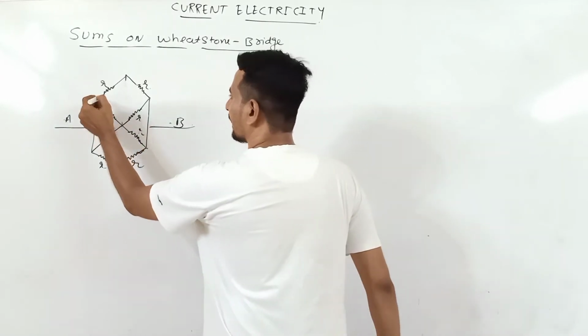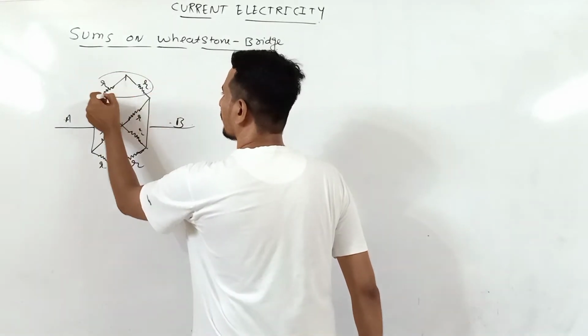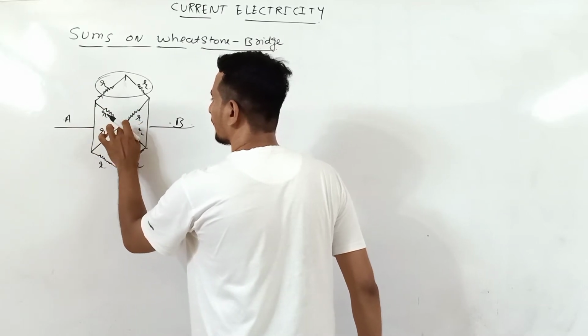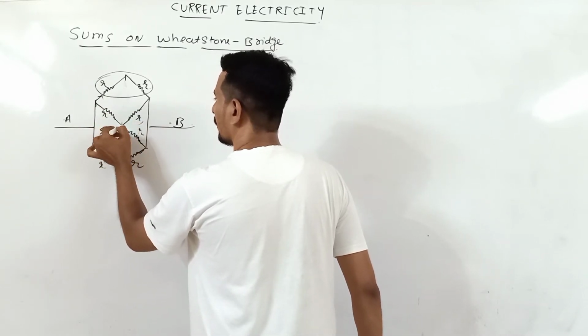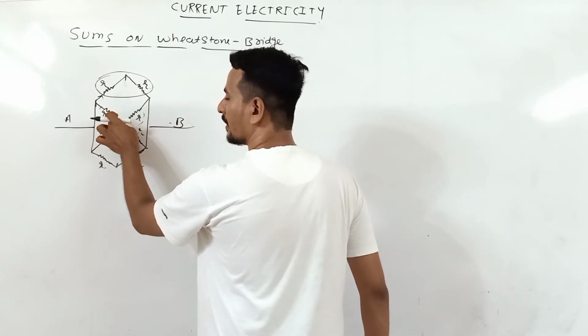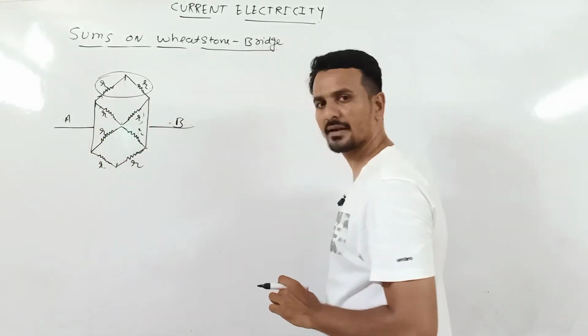And these two resistances will be in series, so it will be 2R. These two will be in series, you can break the circuit also. These two are in series, so it will be 2R, 2R, 2R in parallel.